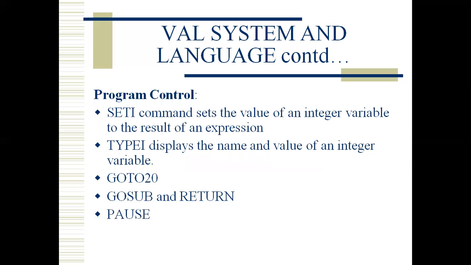Setting I, nothing but it gives an integer value to the result of an expression. Similar to that, type I displays that name, what type of name or process is being considered, and what is the value of the integer. So the value of the integer, as we have specified before, is mini toy manufacturing or maximum toy manufacturing.